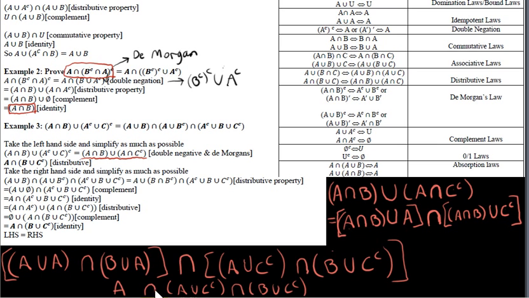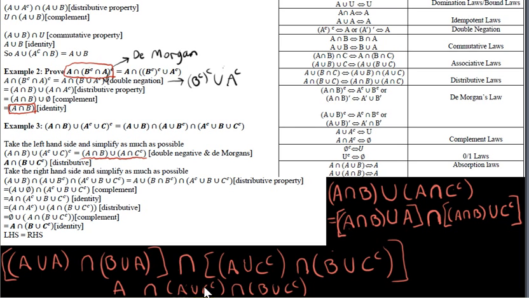Doesn't matter which two we take, but if we take A intersecting this set here, the answer is actually A, because what elements do we have in common here? Well, if an element is in A, then it must be in A union with some set.